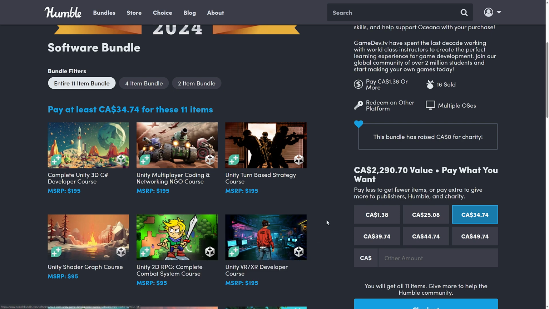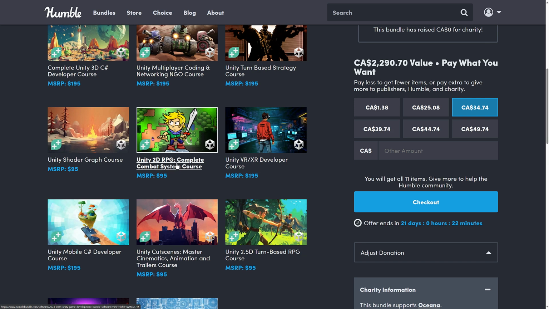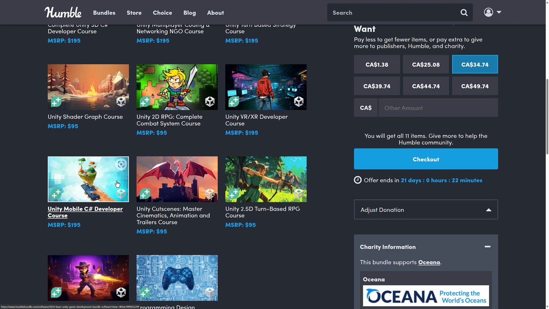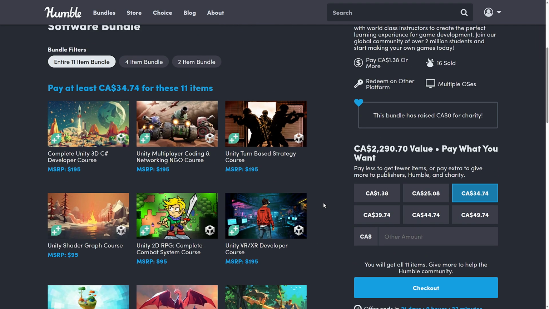And then finally, at the full fat for 25 bucks, you're getting a total of 11 courses, including the C# developer course, the Unity multiplayer coding and networking NGO course, the Unity turn-based strategy course, the Unity shader graph course, the Unity 2D RPG complete combat system course, the Unity VR XR developer course, the Unity mobile C# developer course, and then of course all of the other courses, course not intended as a pun there.